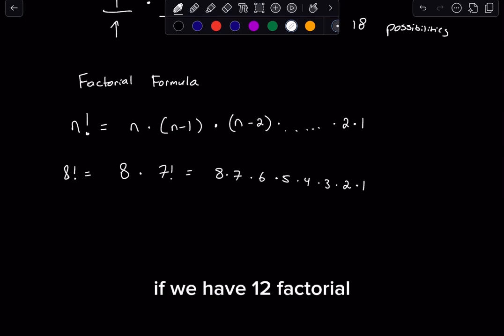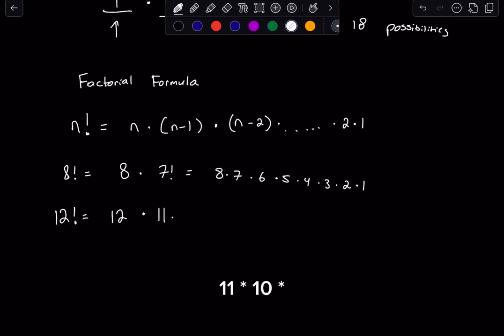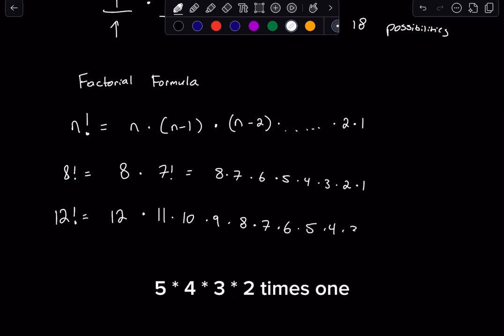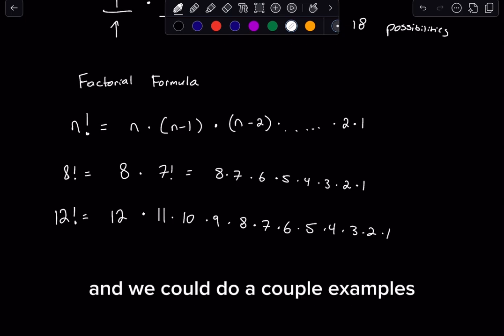If we have 12 factorial, it's going to be 12 times 11 times 10 times 9 times 8 times 7 times 6 times 5 times 4 times 3 times 2 times 1. And we could do a couple examples.